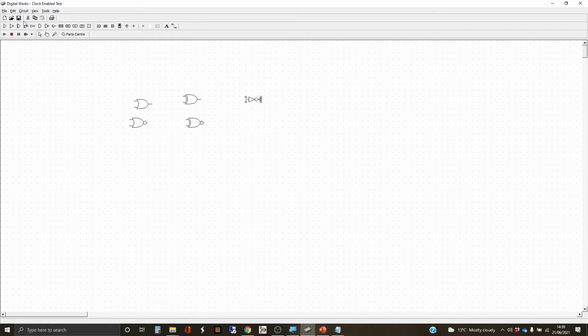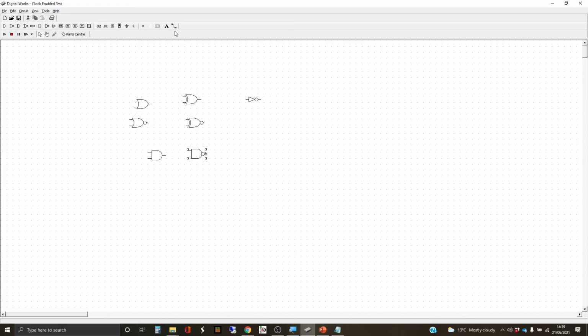Sorry, not a buffer, a NOT gate. And we've got AND and NAND. When you first put them down in Digital Works, they're always facing effectively from left to right, which is that the inputs are on the left and the output, and there's only ever one output from a gate, is on the right.